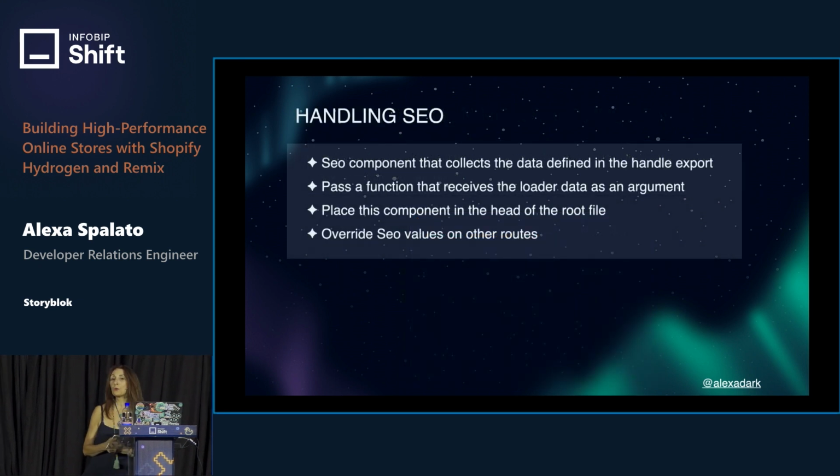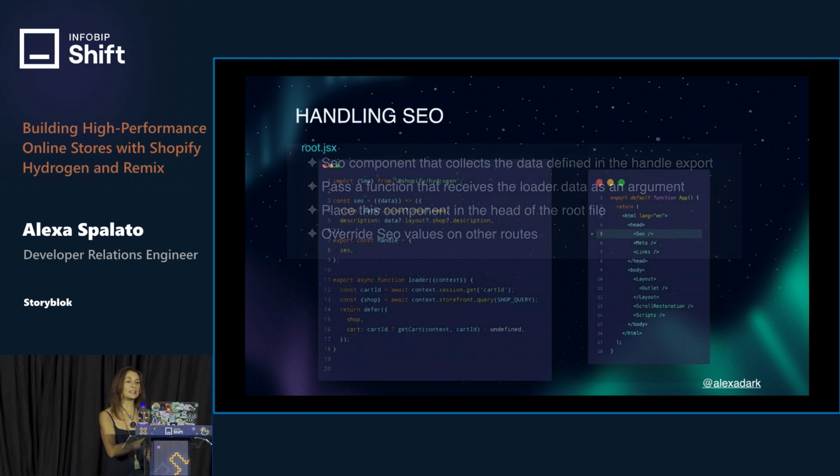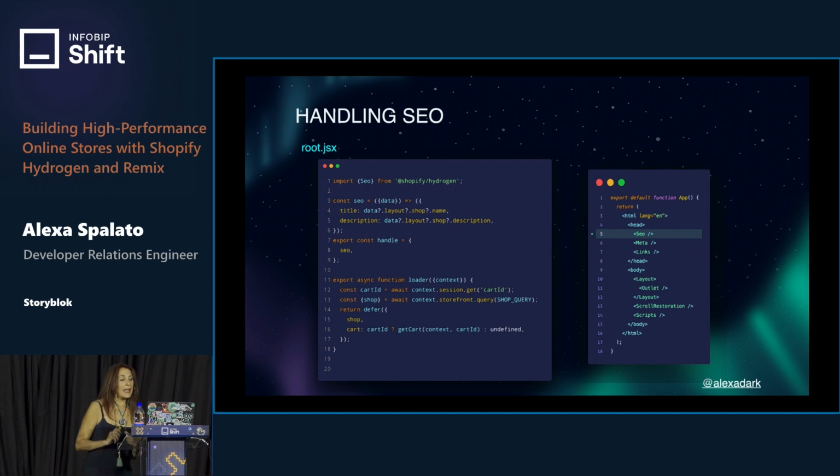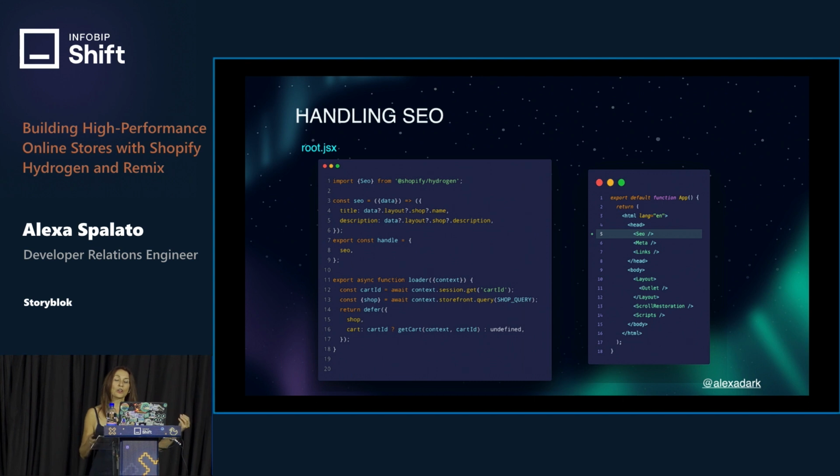So now let's see how we can handle SEO in Hydrogen. Hydrogen provides an SEO component that collects the data defined in a handle export here. And we can pass a function that receives the loader data as an argument.